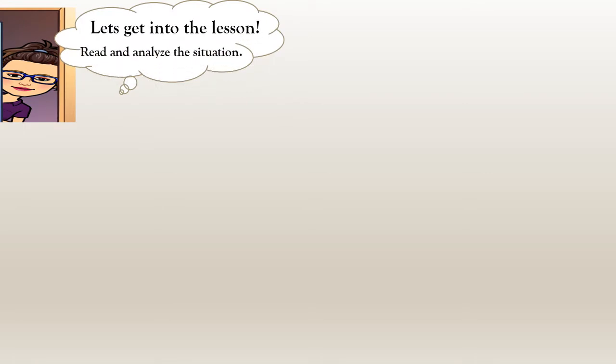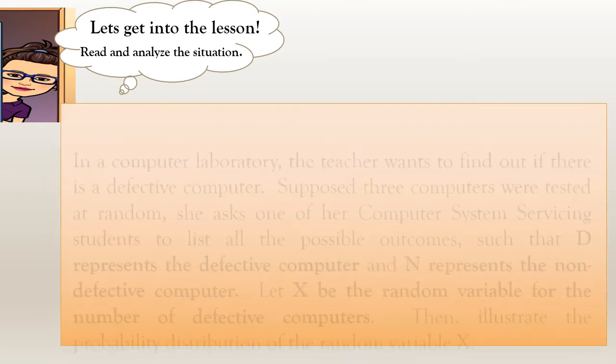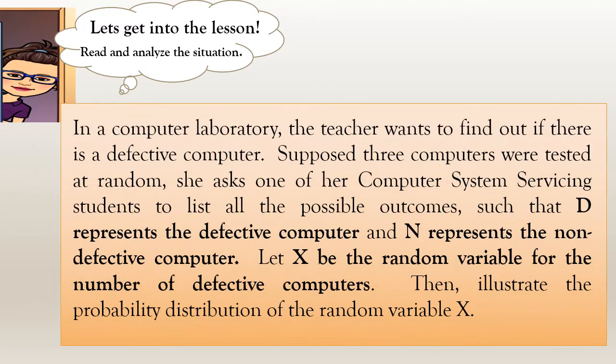Let us read and analyze the situation. In a computer laboratory, the teacher wants to find out if there is a defective computer. Suppose 3 computers were tested at random.